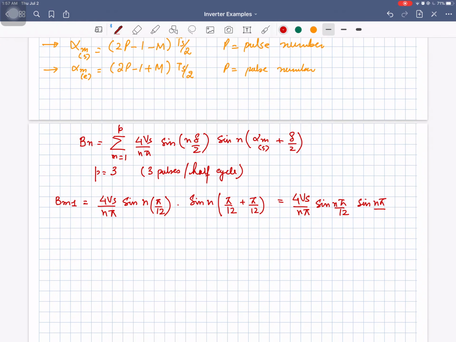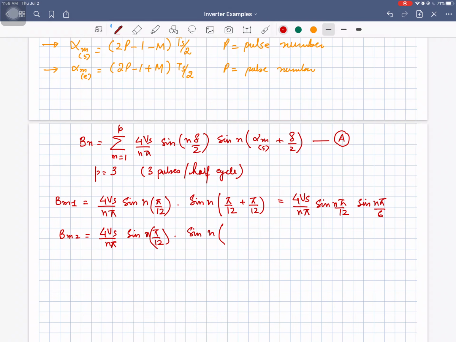sine n pi by 6. Now let's calculate it for the second pulse pair by taking m equal to 2 in the expression over here. So Bm2 will be equal to 4 Vs by n pi into sine n pi by 12, because the width of the pulse is the same, into sine n alpha m.